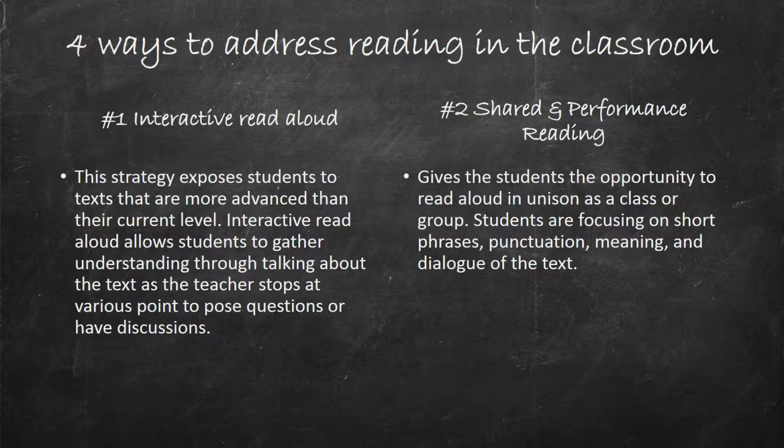The first way is interactive read aloud. This strategy exposes the students to texts that are more advanced than their current level. Interactive read alouds allow students to gather understanding through talking about the text as the teacher stops at various points to pose questions and have discussions.